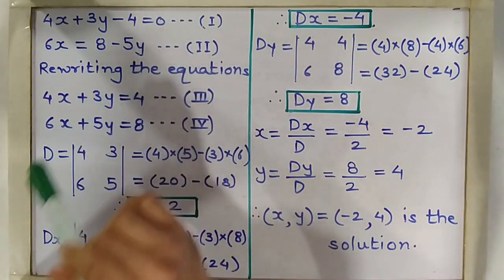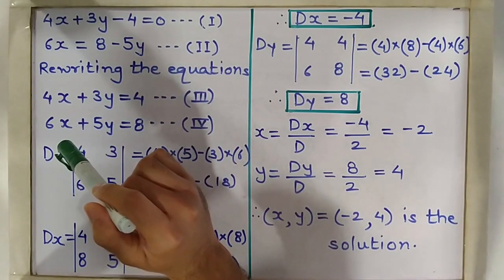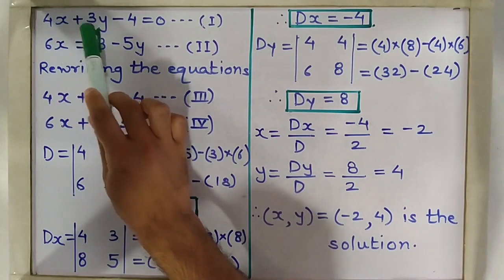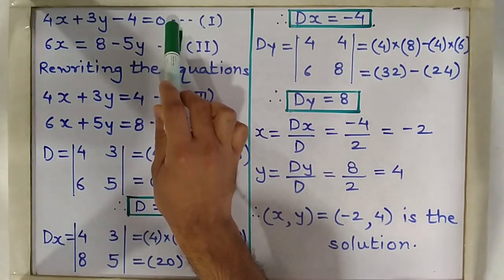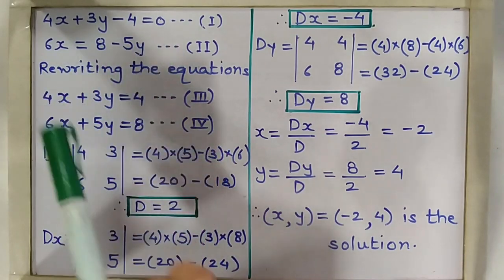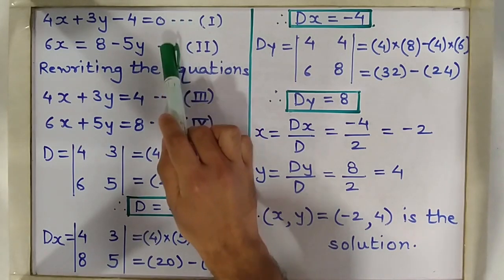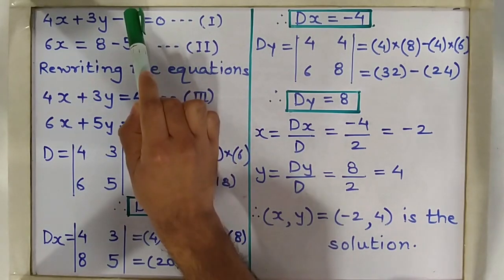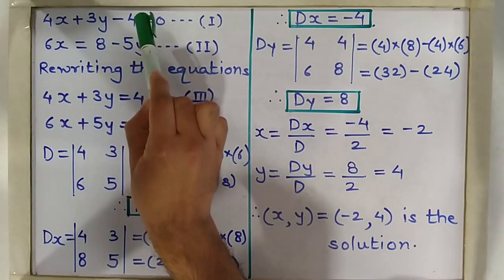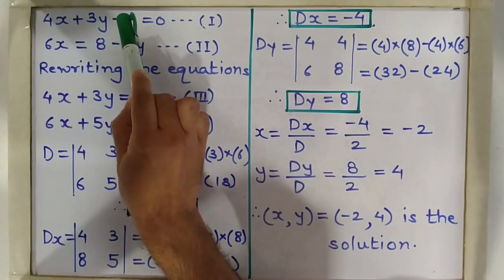This is question number 2 from practice set 1.3, linear equations in two variables. The question is 4x plus 3y minus 4 equal to 0 and 6x is equal to 8 minus 5y. If you observe these two equations, you notice that in the first equation the constant minus 4 is on left hand side of equal to sign.